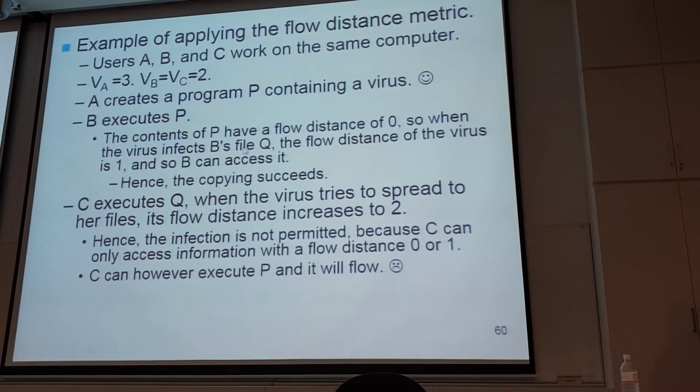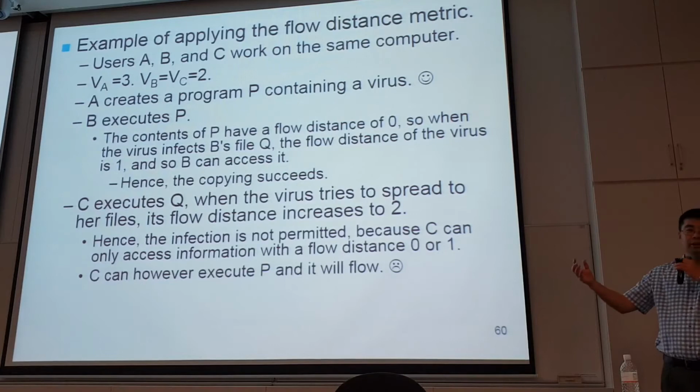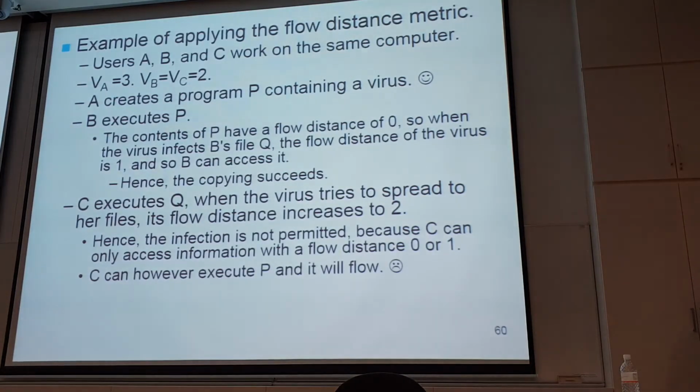But when it infects another object, Q, the virus in this object will have a flow distance of 1. When Q tries to infect another object, for example X, the virus in X will have a flow distance of 2. So whenever an infected object infects another one, the flow distance will increase. In this case, if there is a threshold, we can restrict the infection.